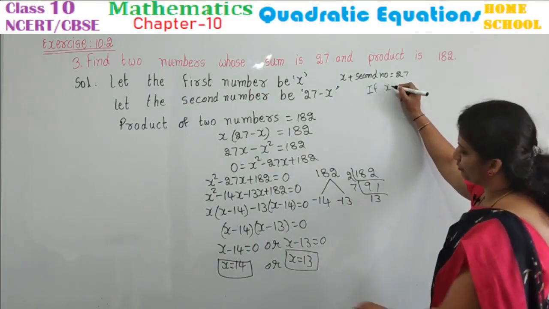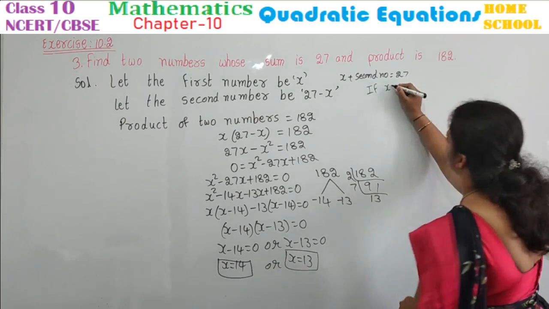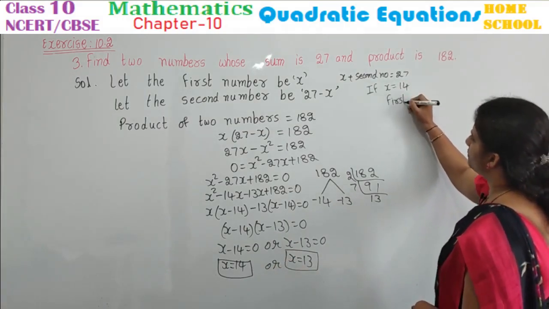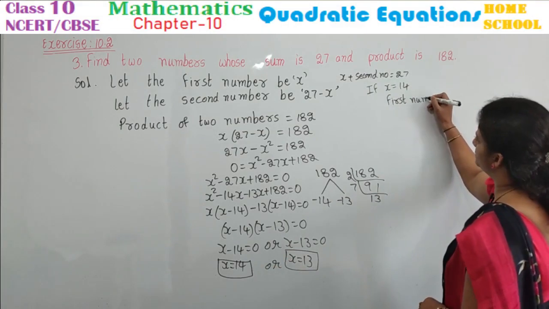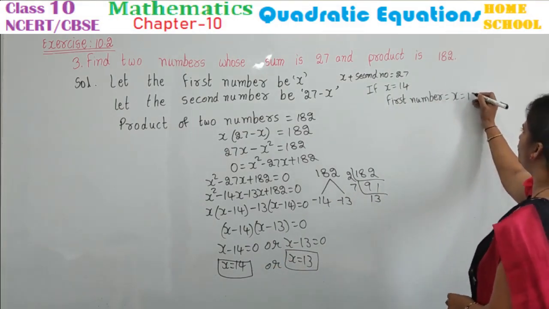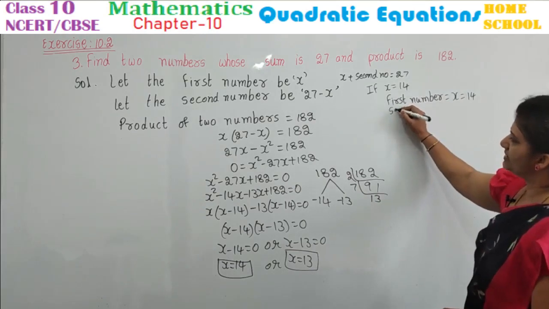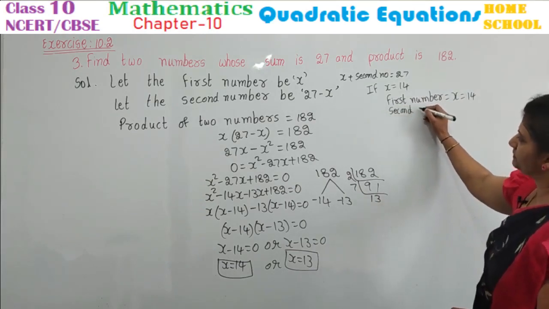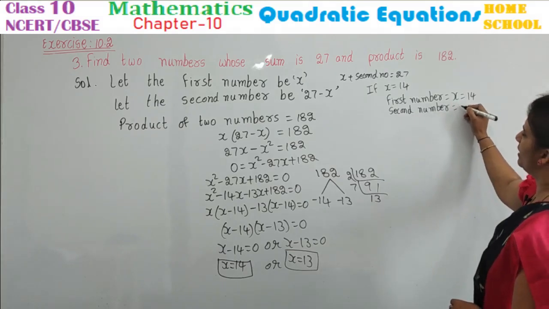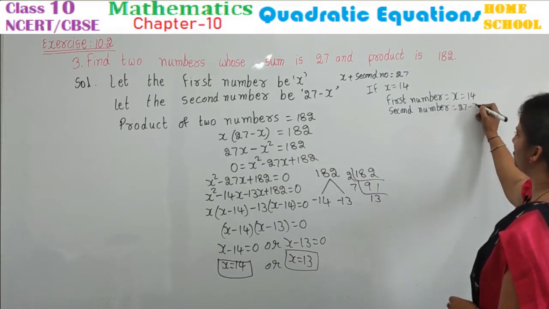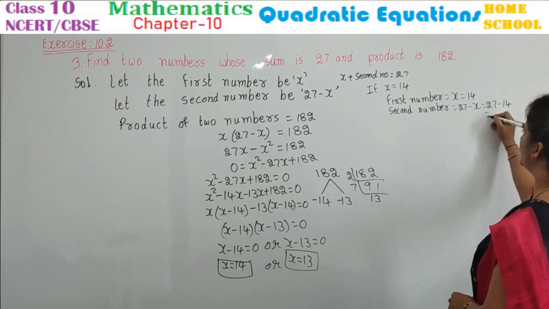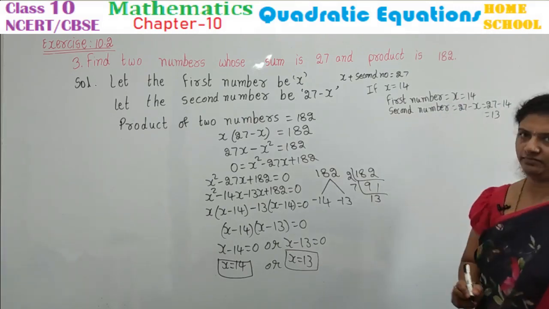If I take one root separately, if x is equal to 14, first number is equal to x is equal to 14 and your second number is equal to 27 minus x, that will be 27 minus 14 is equal to 13.